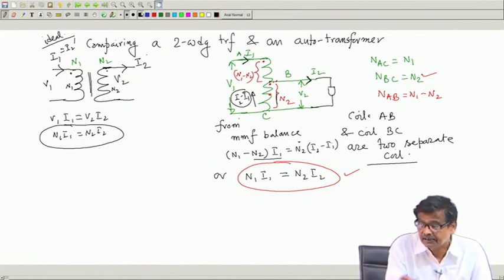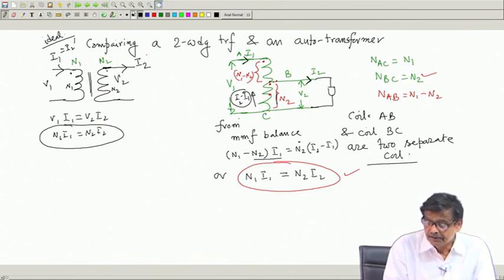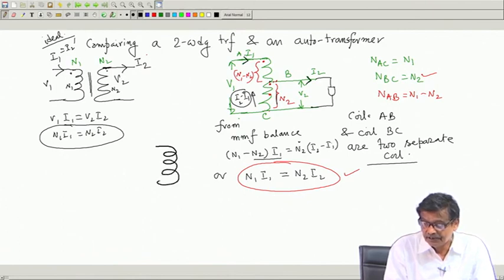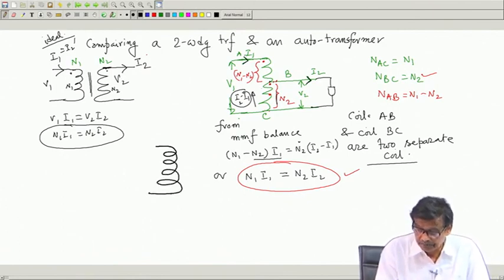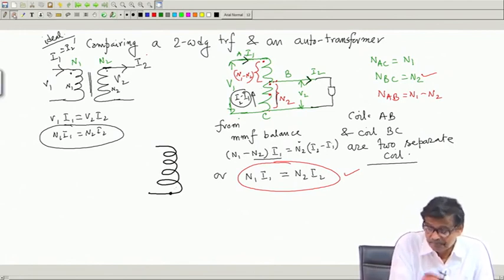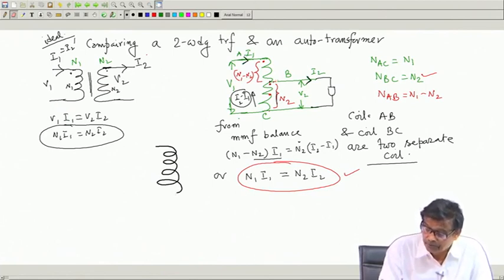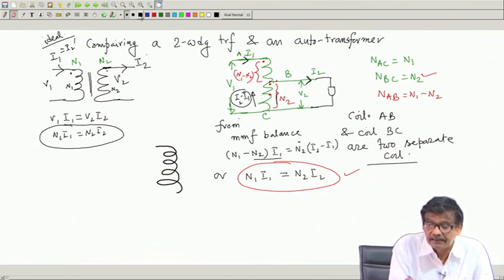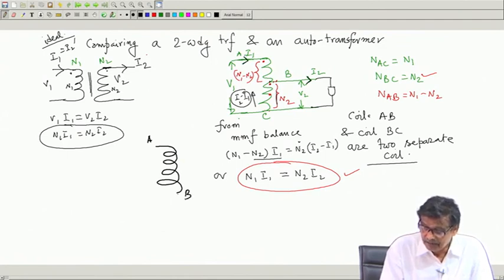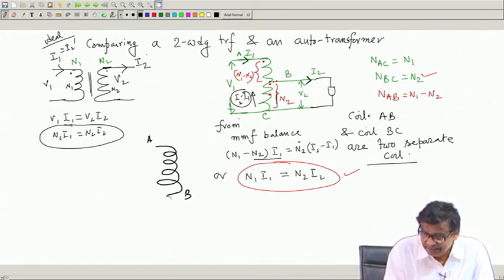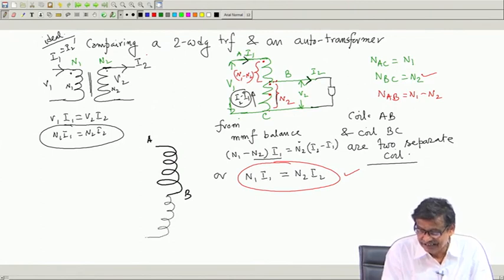That is what I am telling is, if I draw it like this, suppose this is the copper wire I am using for this portion, thicker wire, and this is your A and this point is B. Now, for this portion BC, you use a thinner wire.